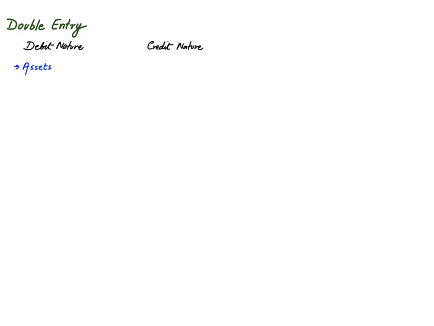First of all, we have something in accounting which is known as an asset. Now, what does asset mean? Asset means anything that a business or individual owns. Whatever I have in my possession or whatever I own is known as an asset.